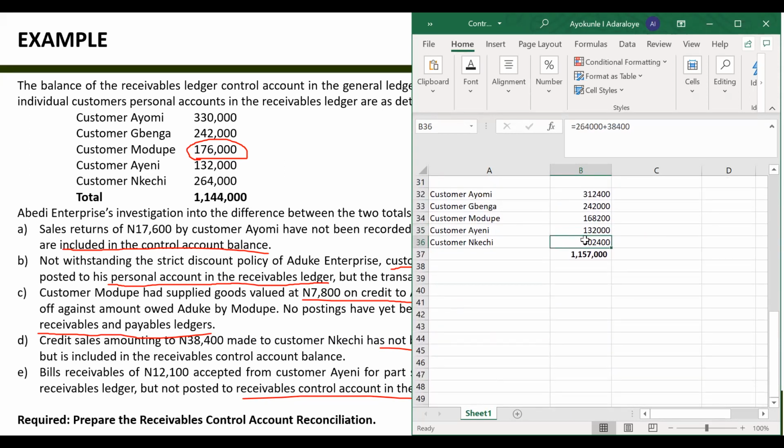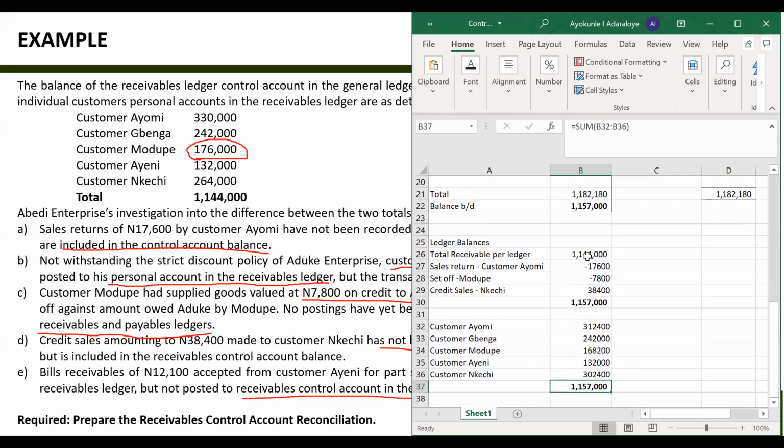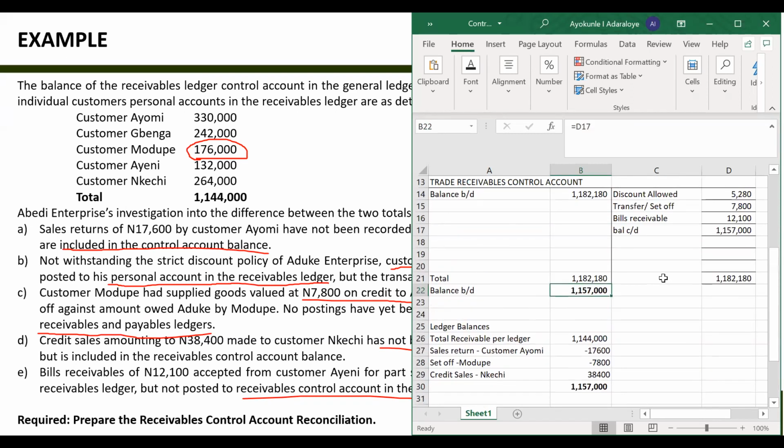Then customer Unkechi was owing us 26,400 before from the question, and she got an additional 38,400. You add that to it, sum up all these customers together, and you will get this, which tallies with what our total receivables should be based on our trade receivables control account.